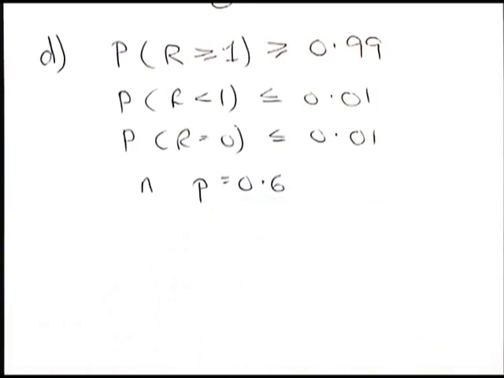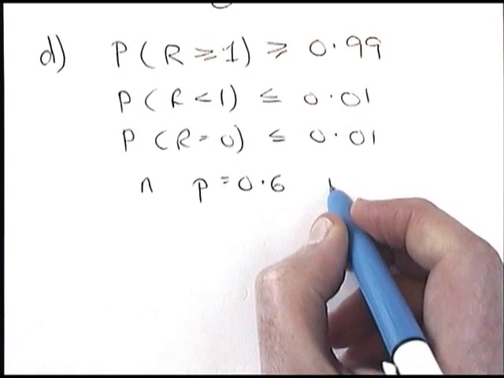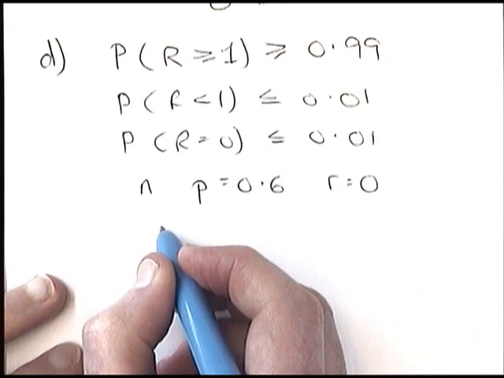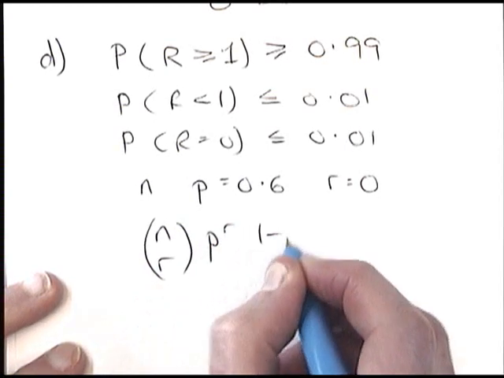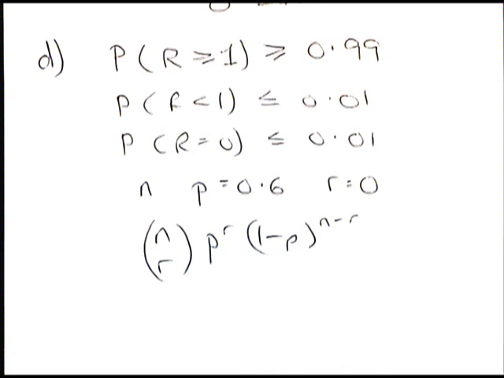And we know our answer has to be smaller than 0.01, and we know also in this one that our R number, our required number, is 0. So the formula we've been using before is n choose R, p to the R, 1 minus p to the n minus R. This will be continued in a new file.